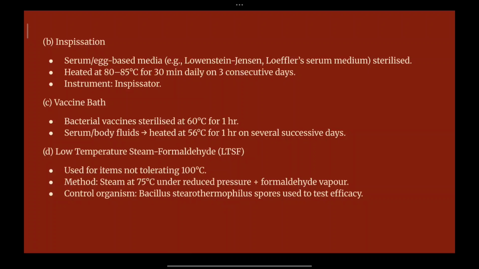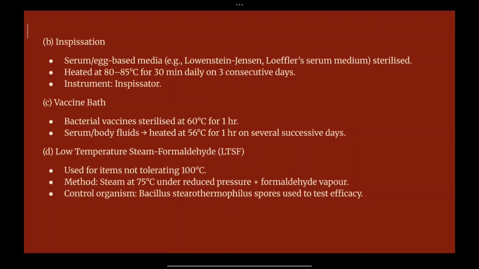Now, low temperature steam formaldehyde is a type of sterilizer wherein low temperature formaldehyde steam is produced, and the materials used in the laboratories are sterilized. The items used are supposed to tolerate below 100 degrees Celsius or 100 degrees Celsius.